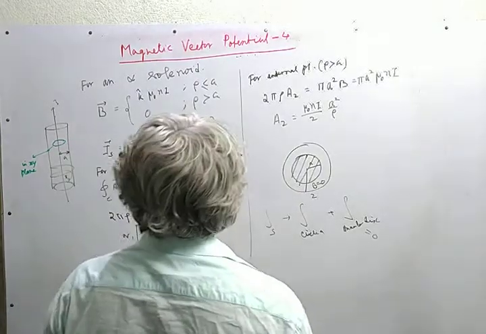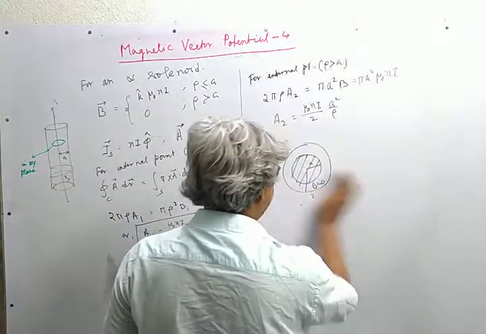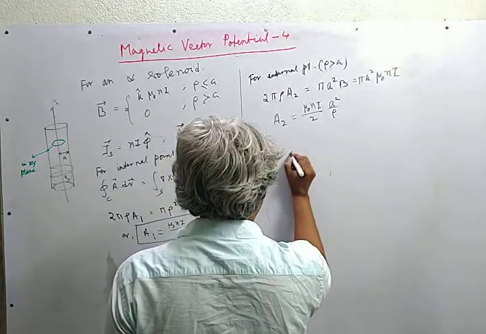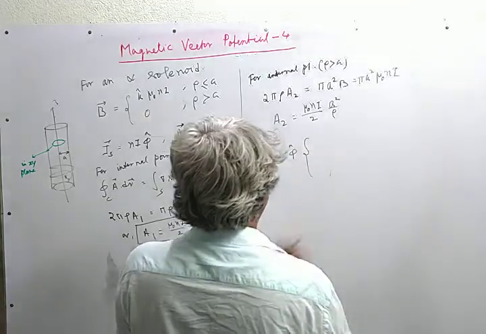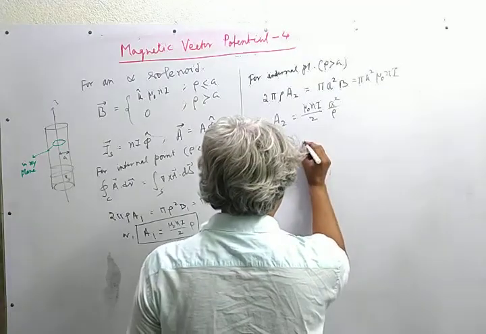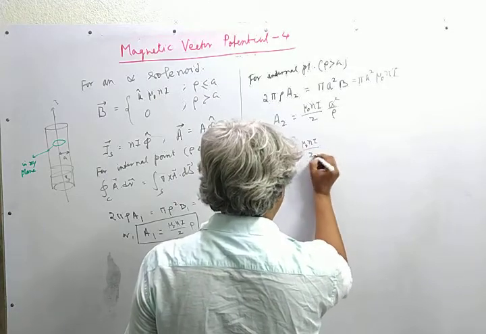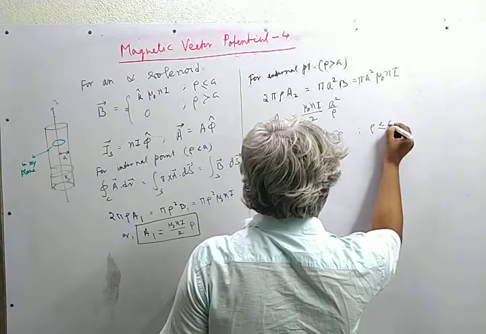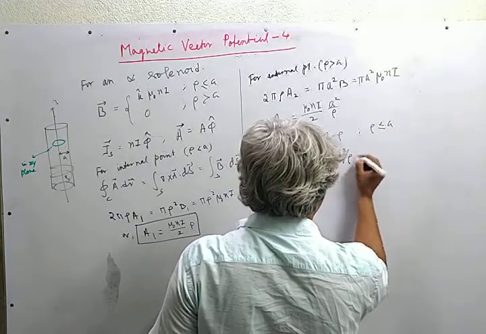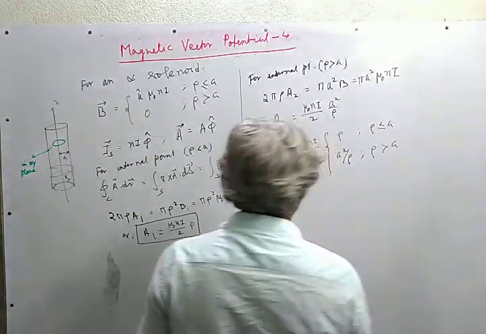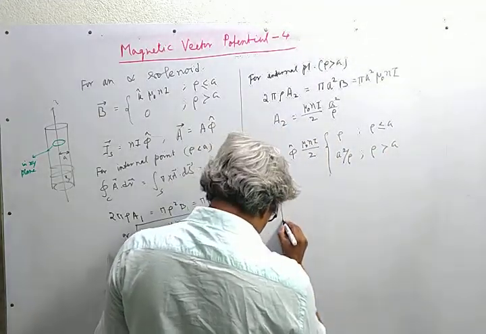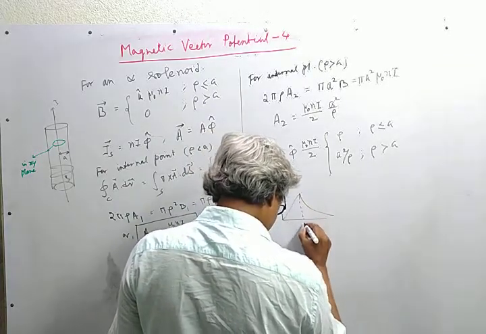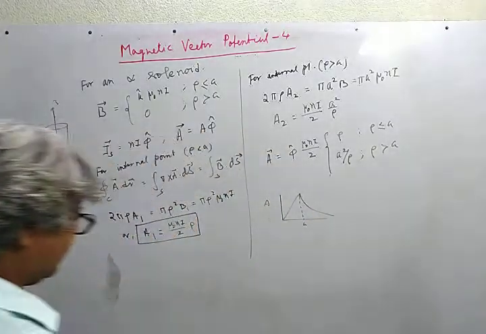So A is along the phi cap direction: mu 0 n I by 2 times rho for internal points, rho less than or equal to A, and A square by rho for rho greater than A. So the variation of the vector potential is like this for a solenoid.